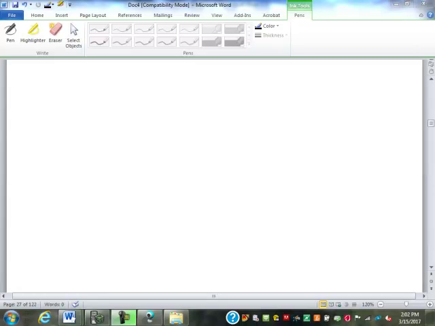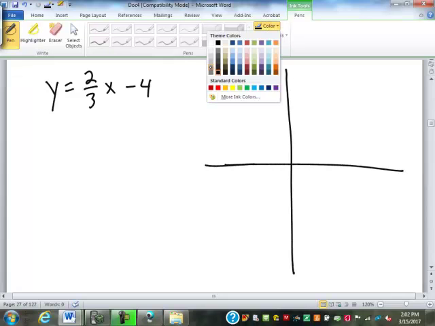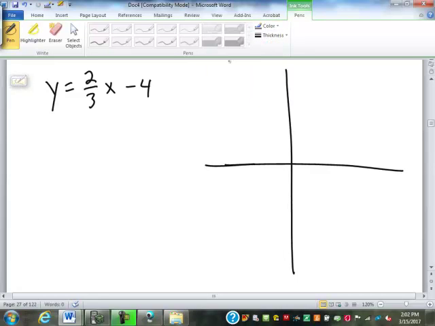Okay, so we left off last week talking about slopes and slope-intercept graphing, where we had equations like y equals 2/3 x minus 4. And when we graphed that, we started at the y-intercept.